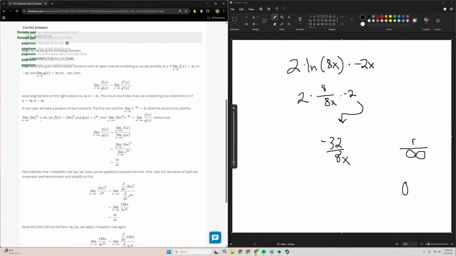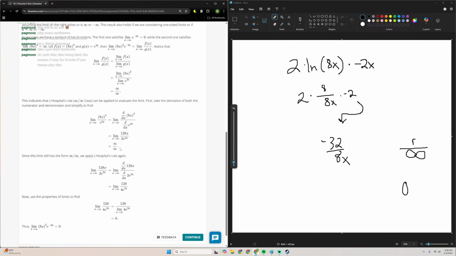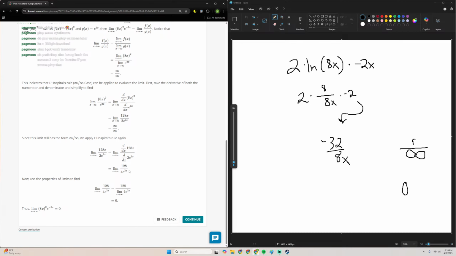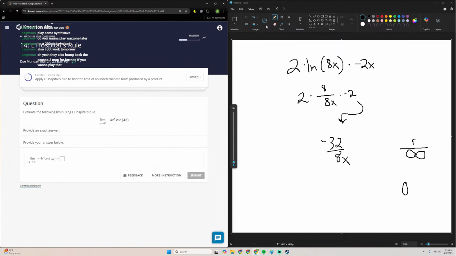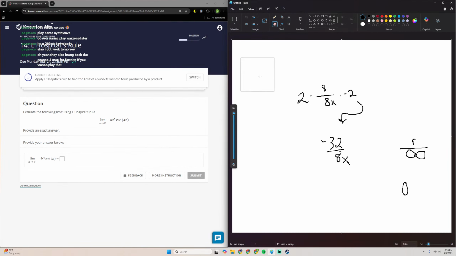They let this one become that, this one become that, so then this became... Oh, that became on the bottom? Oh, that's real different. Yeah, they did it all the way until they got to the third derivative, and then they were like, oh, look at that, it's 0. I feel like I did it wrong, which sucks.